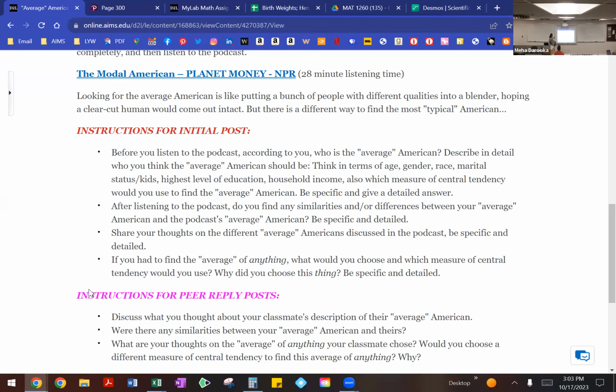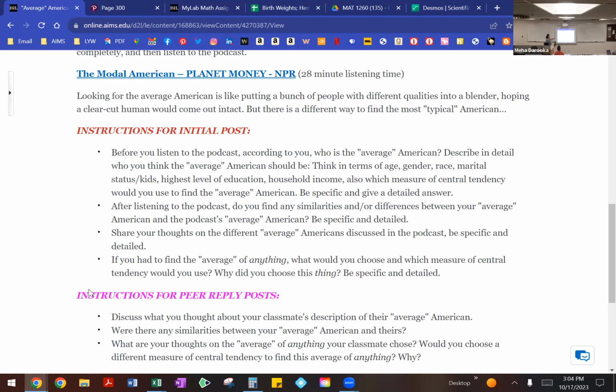Once you have that description written down, guys, then go and listen to the podcast and then compare your answer with what they come up with as the average American. And that would be the second part, where you would be talking about, well, I had this, but this is what the podcast said. What were the differences? What were the similarities? And that kind of thing.